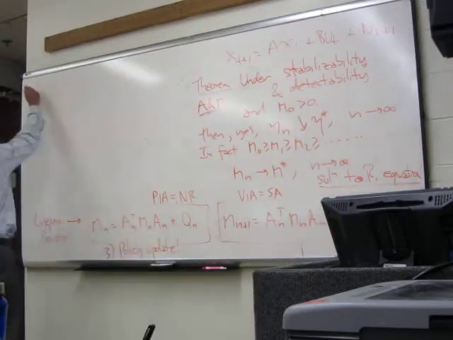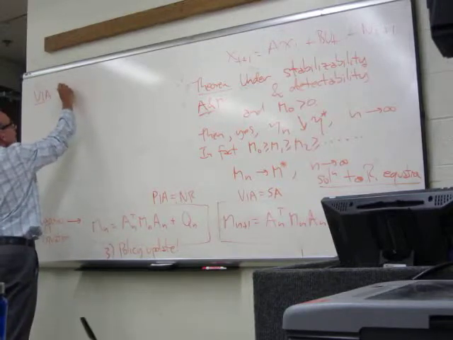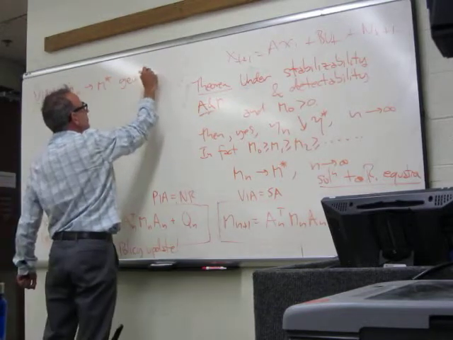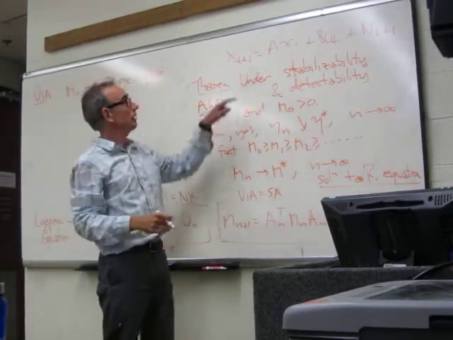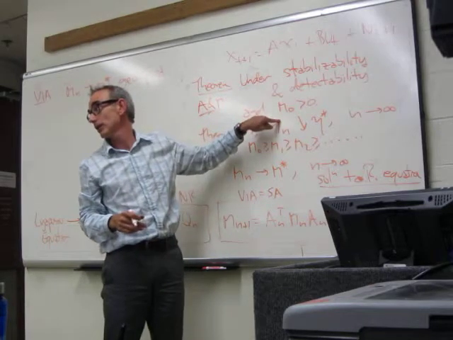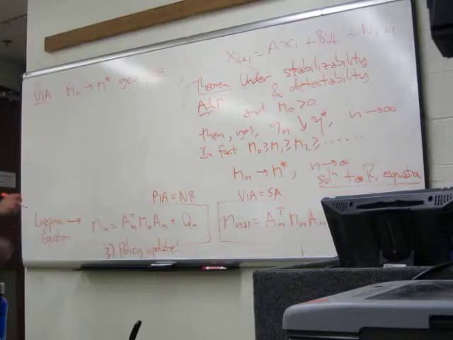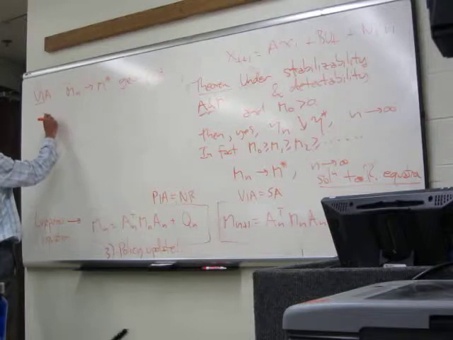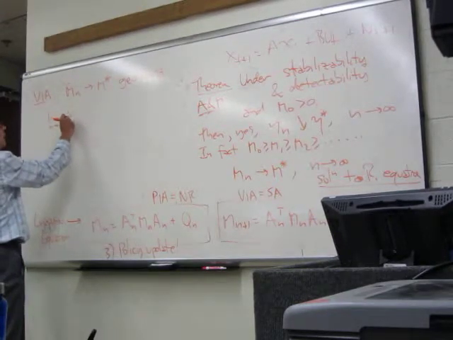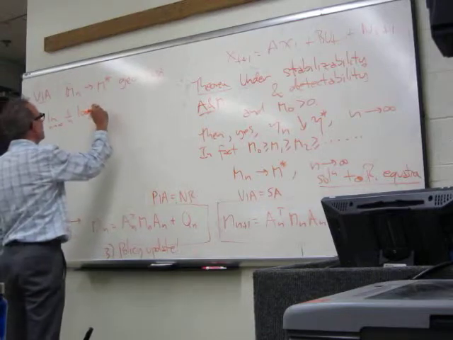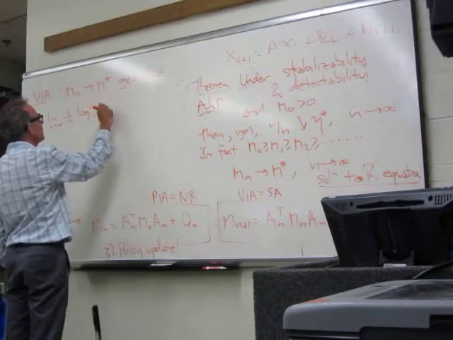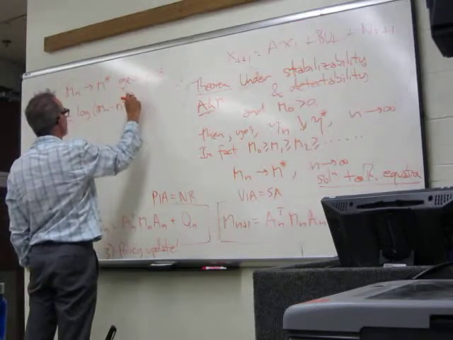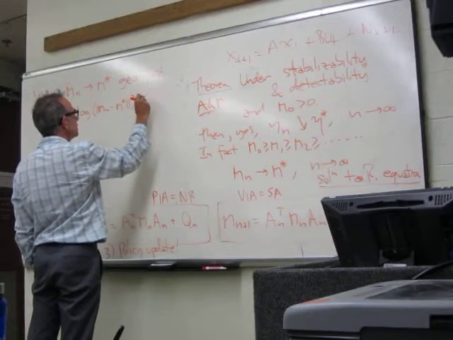And we know that for value iteration, M_n goes to M star geometrically fast under stabilizability, detectability, and a positive definite initial condition. One way to say that is that the limit as n goes to infinity of 1 over n times the logarithm of the norm of M_n minus M star is strictly less than 0.